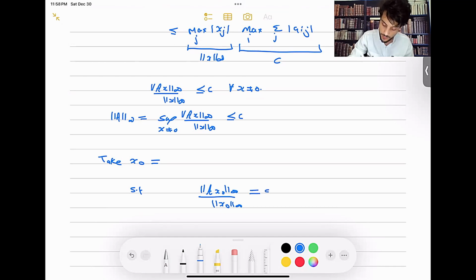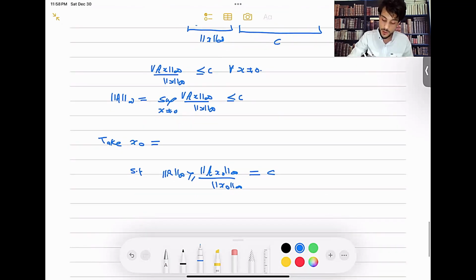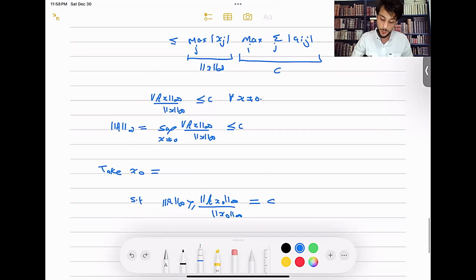It attains the upper bound, because once we've done that, this being a term of the supremum, it is less than or equal to the supremum, which is just the infinity norm of A. Okay, so if we could find such an x0, then the second inequality would be proven, and we'll be done with the proof of 2.